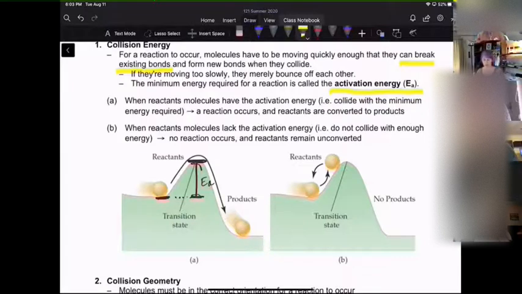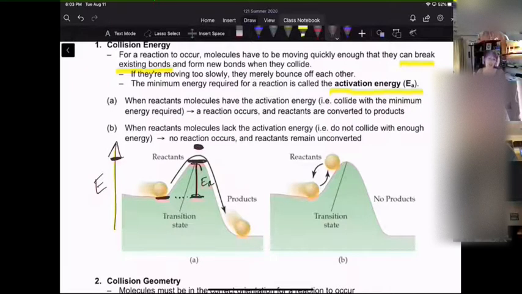When molecules collide and they have enough energy in that collision that they reach that energy, right? Because here's our energy axis. When they reach that amount of energy from the collision, then they can possibly react, right? They get up to this part.